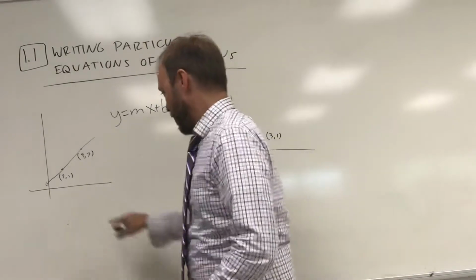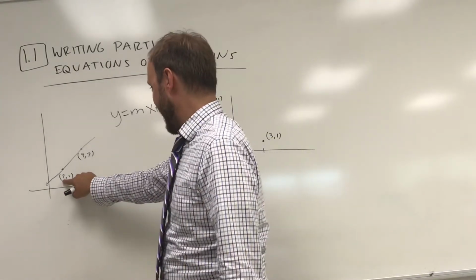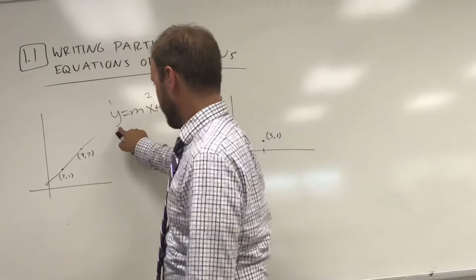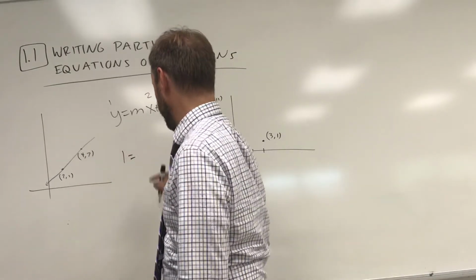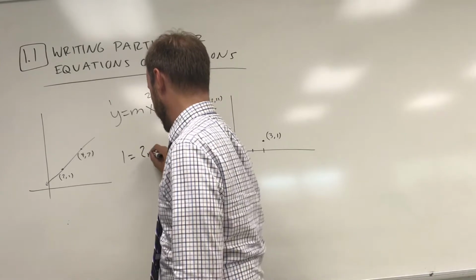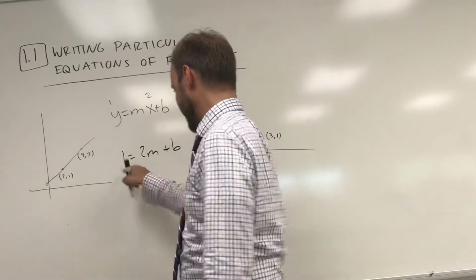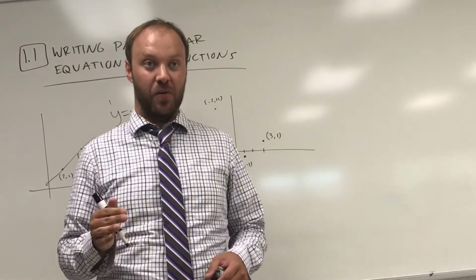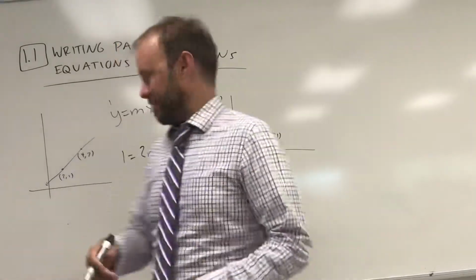So in other words, when I put in 2 for x, I should get back a 1 for y, okay? So that tells me that 1 has to be equal to 2 times the m value plus the b value, okay? Now that's an equation with 2 variables, but if I can come up with a second equation with 2 variables, then I can solve that system.